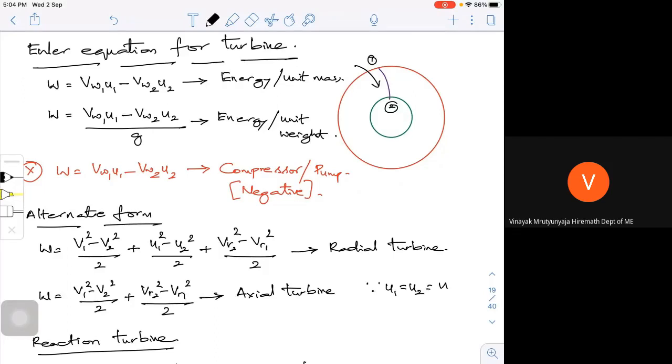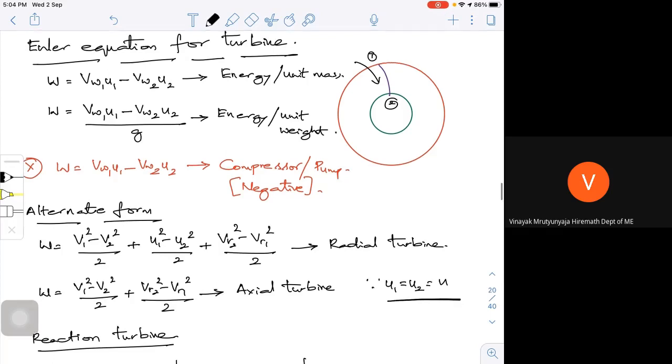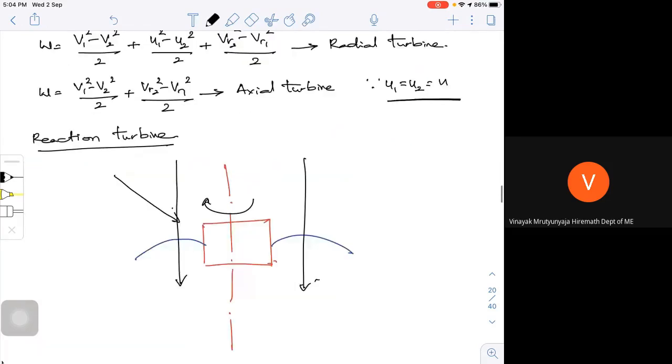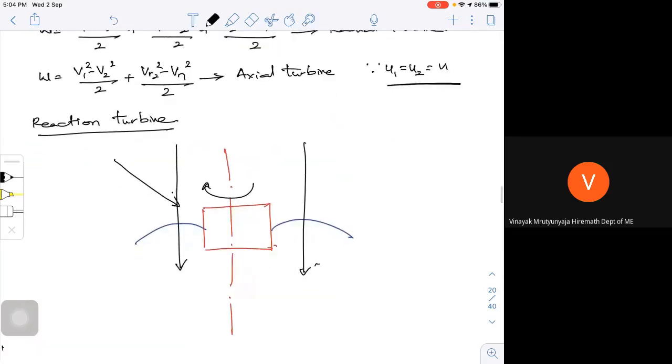What about for an axial turbine? For an axial turbine, U1 and U2 are both the same. So your blade equation or Euler equation will become V1 square minus V2 square by 2 plus VR2 square minus VR1 square by 2. Okay. This is about your Euler's energy equation. Is that clear?